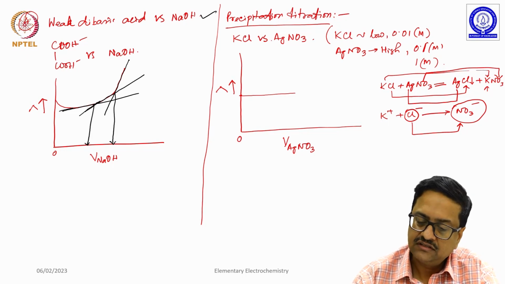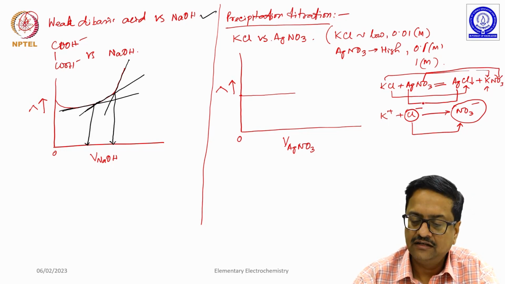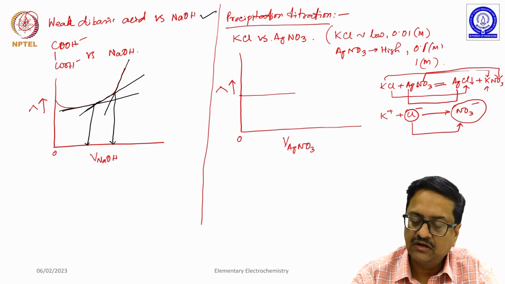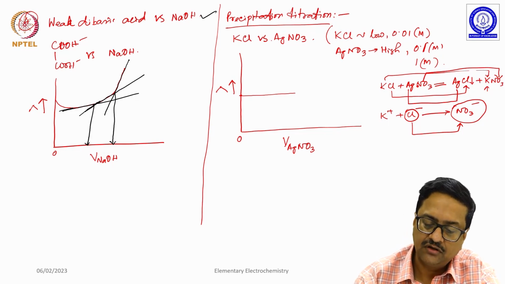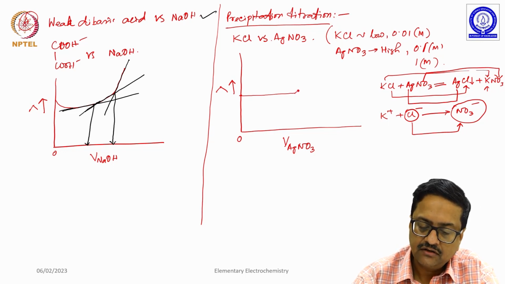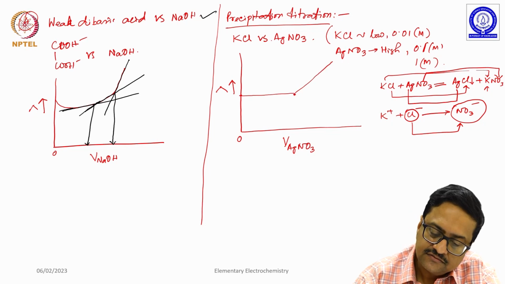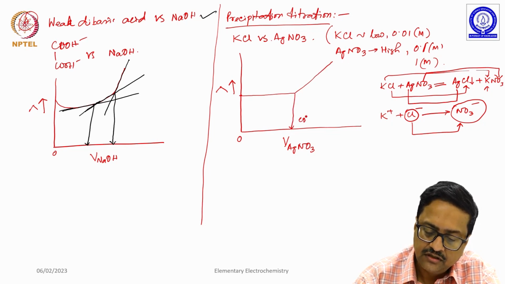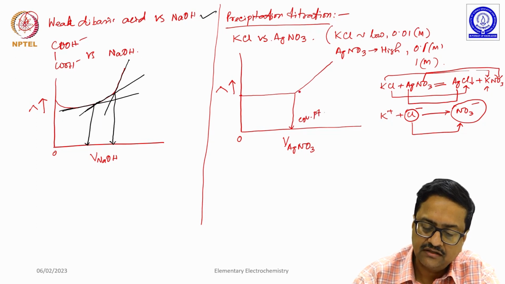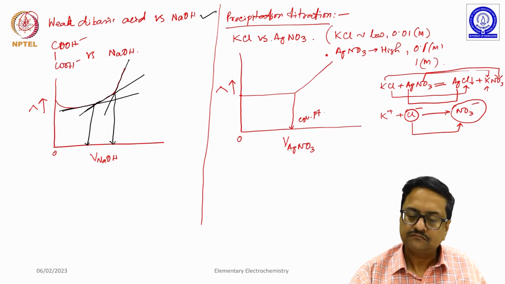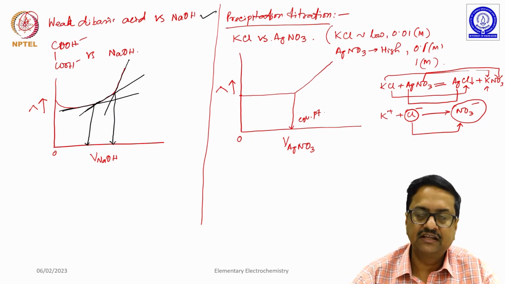But then when all the chloride is precipitated and no more silver chloride gets precipitated, if you continue to add silver nitrate beyond that point, the conductance of the solution will continuously increase. So this sharp end point will give you the equivalence point. The point where the straight line changes its slope will then give you the concentration of the KCl solution.